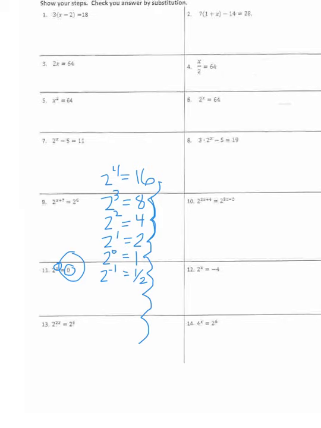Using that same logic, we'll do it again. 2 to the 4th is 16. 2 cubed is 8. 2 squared is 4. 2 to the 1st is, oops, sorry, 2. 2 to the exponent 0 is 1. 2 to the -1 is 1/2. 2 to the -2 is 1/4. 2 to the -3 is 1/8.